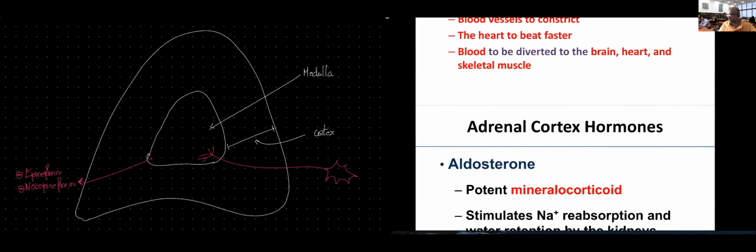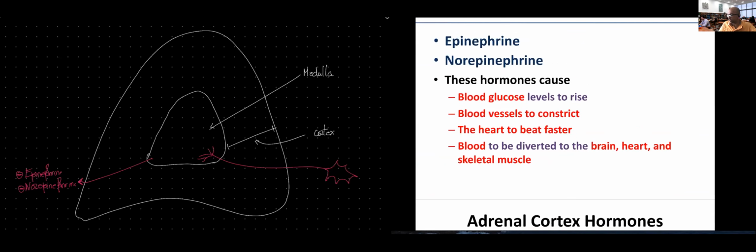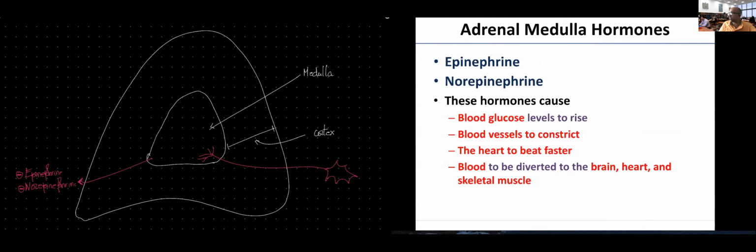So main functions of the adrenaline or the epinephrine and norepinephrine is to increase the blood sugar level, increase the blood pressure by constricting the arterioles, by constricting the blood vessels, the same way like ADH did act, increase the heart rate, and it will be responsible to divert the blood from going to your gastrointestinal tract, for example, to be directed towards your brain, your skeletal muscles, and the heart.